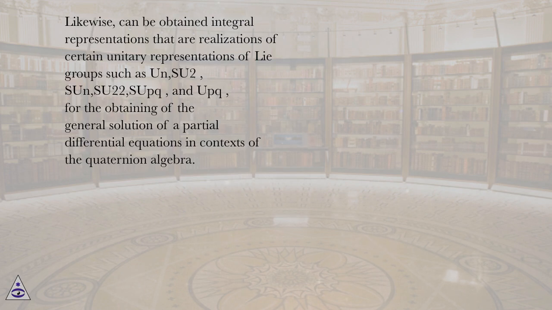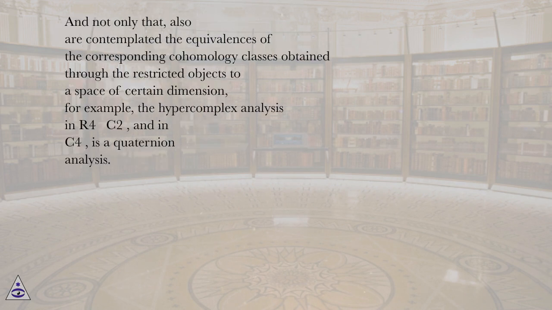Likewise, integral representations can be obtained that are realizations of certain unitary representations of Lie groups such as U(N), SU(2), SU(N), SU(2,2), SU(p,q), and U(p,q), for obtaining the general solution of partial differential equations in the context of the quaternion algebra. And not only that, the equivalences of the corresponding cohomology classes obtained through the restricted objects to a space of certain dimension are also contemplated.